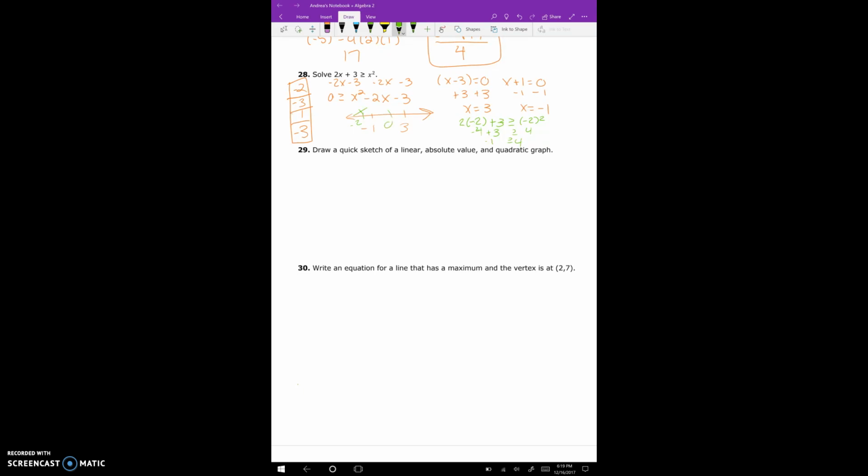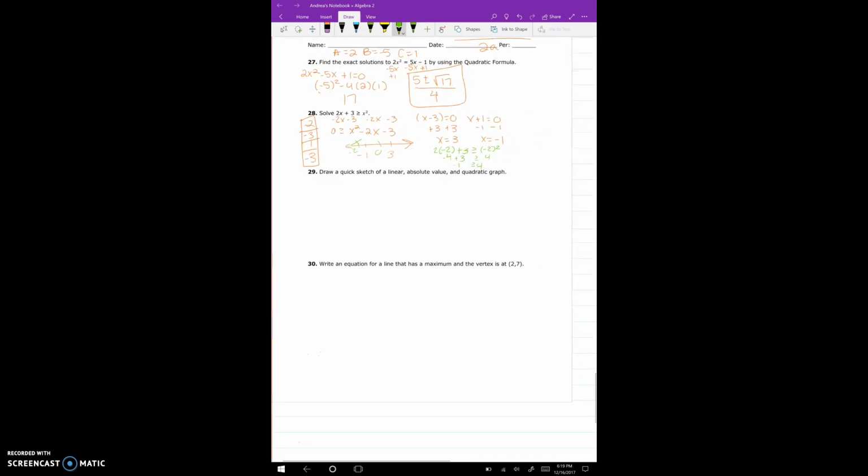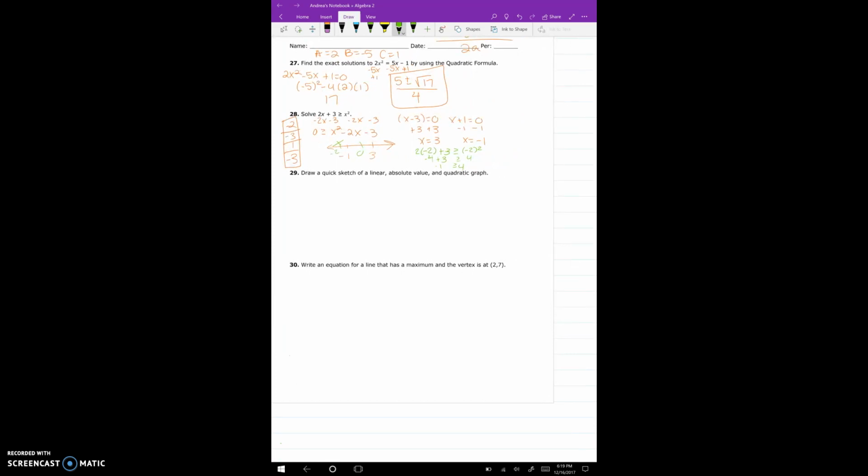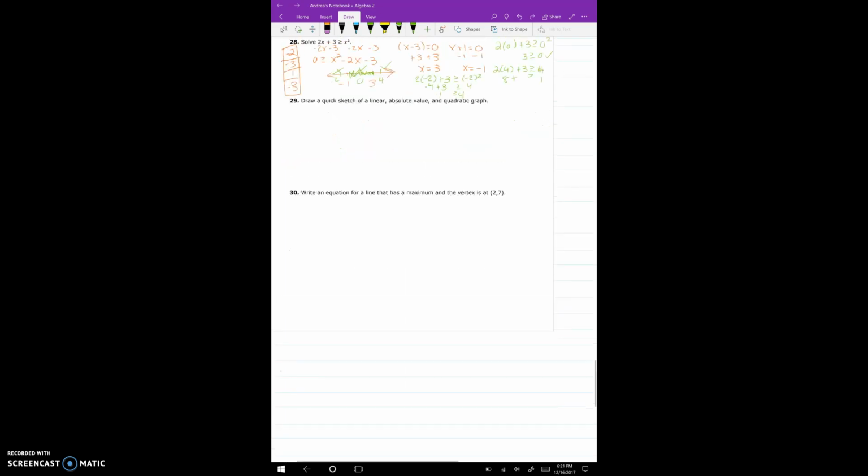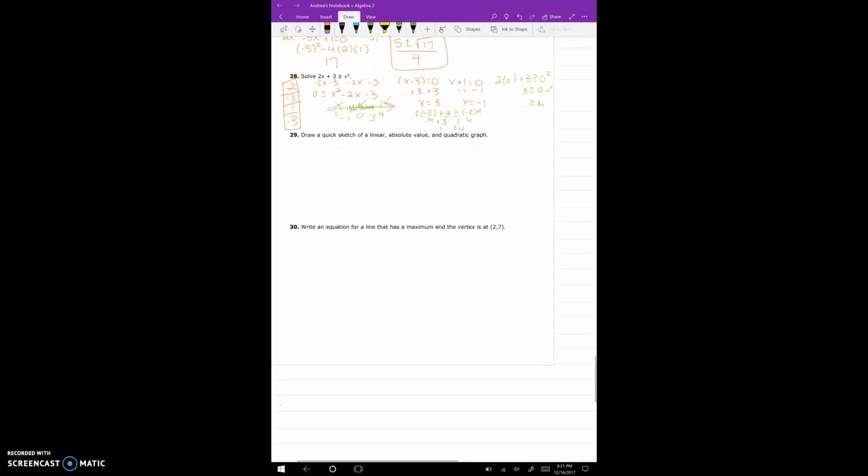Let's try 0. 2 times 0 plus 3 is greater than or equal to 0 squared. So 3 is greater than or equal to 0. That's true. Third test point we're going to try is 4.